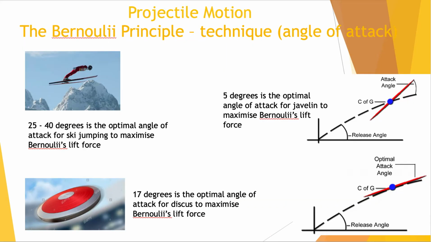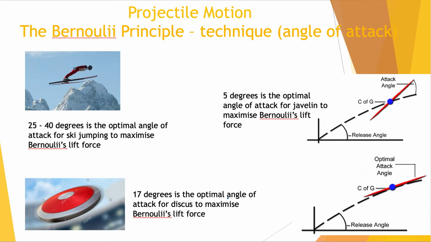Okay, for a discus, it's bigger than that. The angle of attack is greater. It's more like 17 degrees is the optimal angle of attack, and obviously they've used wind tunnels in order to measure this. So they would have used wind tunnels where you can see the airflow to measure exactly what's the best angle of attack for the discus and what's the best angle of attack for the javelin.